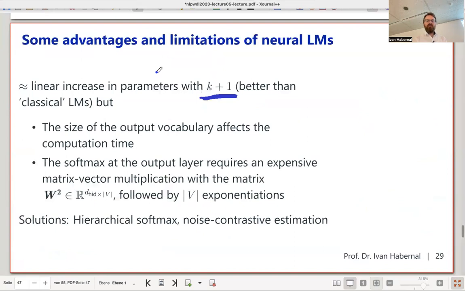And of course, the size of the output vocabulary affects the computation time. Why does the size of the output vocabulary affect the computation time? Because the output layer requires the matrix vector multiplication with the matrix and the softmax. Because in the softmax, what are we doing? So what is softmax? Who remembers softmax? Yes.